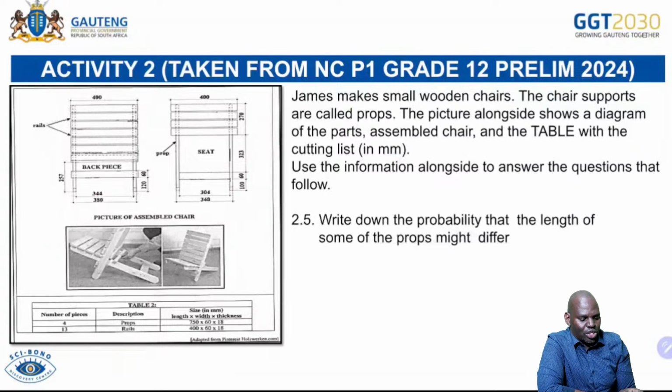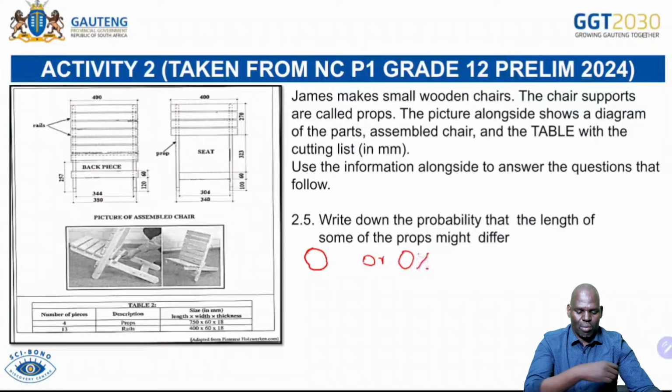It is indicated that all of them will have the length of 750. So in this case, the probability will be 0, or you can say 0%.